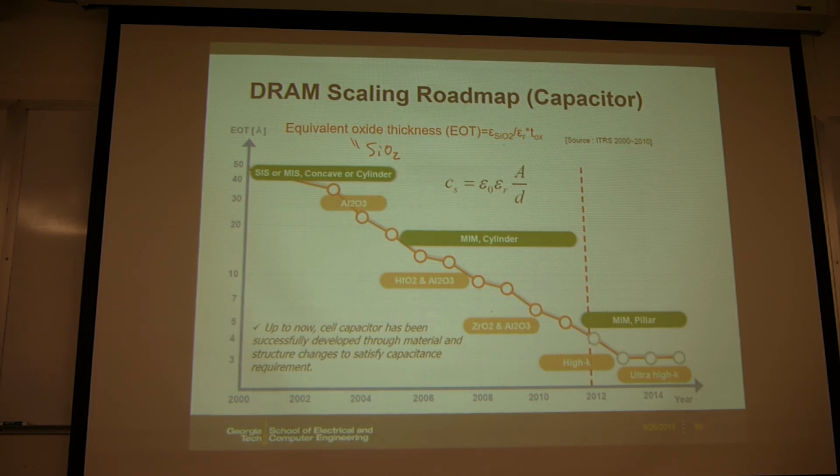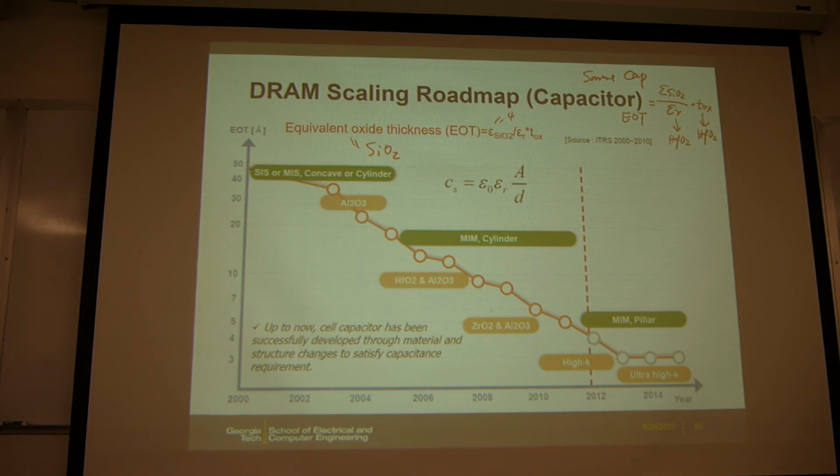You have the silicon dioxide epsilon, which is about 4, divided by, let's say, your material, for example hafnium oxide, and then times the hafnium oxide thickness. So this is another material. And then if you convert that to silicon dioxide, assuming the same cap value, you can do this conversion very easily.